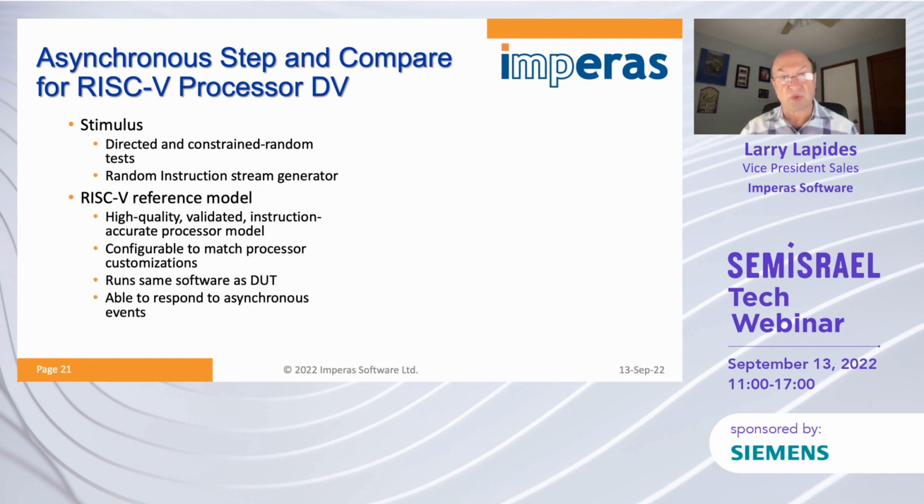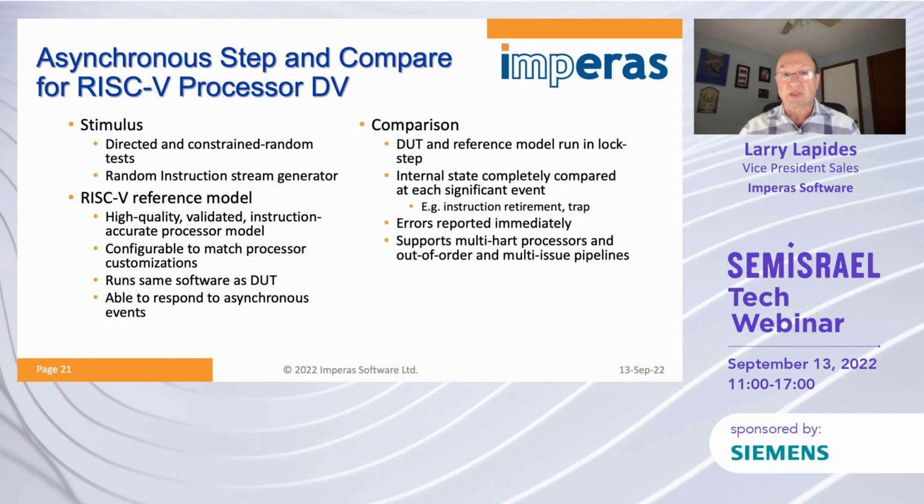This needs to be a high quality, validated, instruction accurate processor model that is configurable to match processor customizations, both in terms of using the standard extensions as well as any customization, custom instructions, custom CSRs that are included. It needs to be able to run the same software as the DUT, so the same tests, the same ELF files. It needs to be able to respond to asynchronous events.